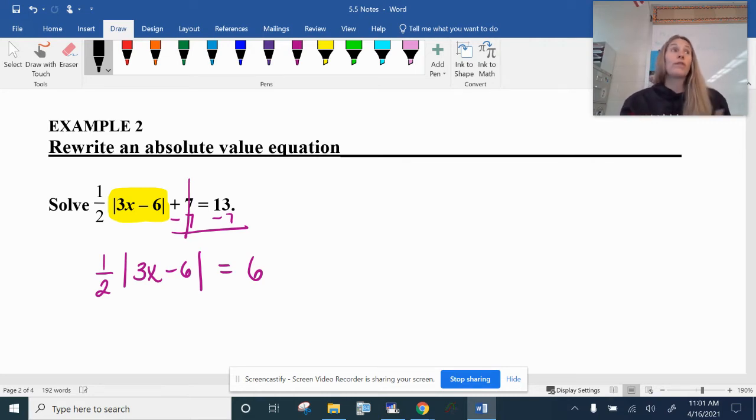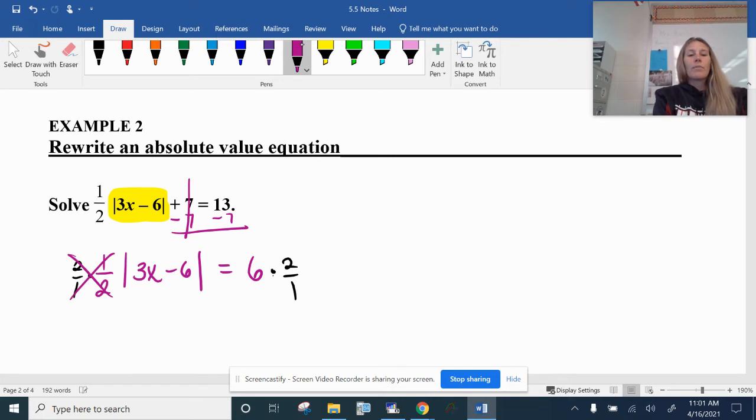You would distribute if you have parentheses or some sort of grouping symbols, but absolute value bars are not grouping symbols. They are expressing a distance. So that's why we don't want to distribute anything to the absolute value bars. We have to just get them by themselves by removing things away. So rather than distributing this 1/2, we would use that reciprocal method and we would multiply both sides by 2.